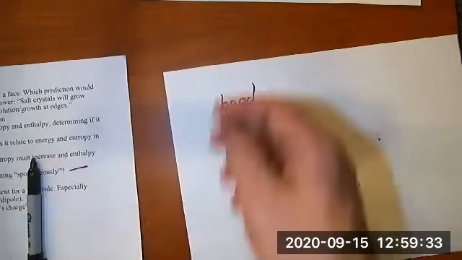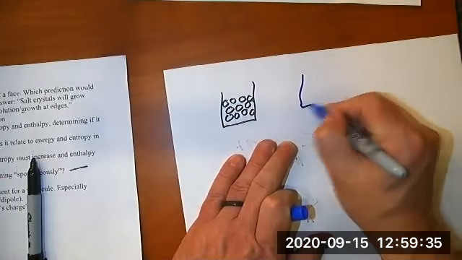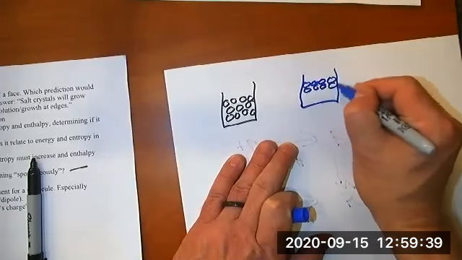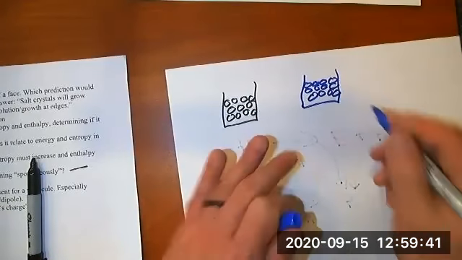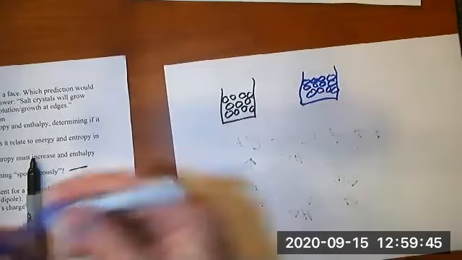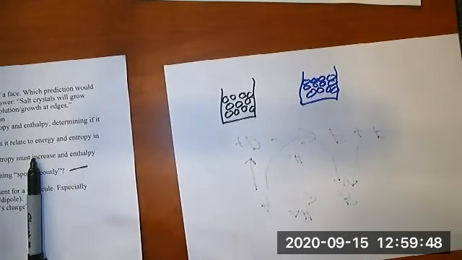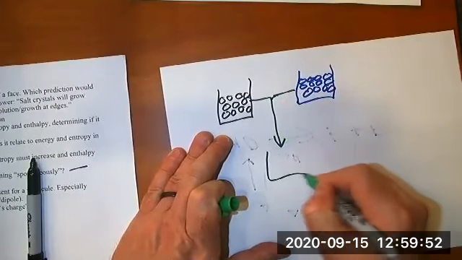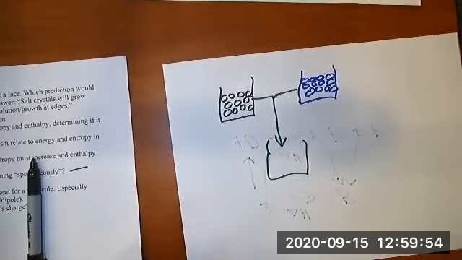So this could be a liquid. And we have sample 2, where we have all the molecules here. And we want to mix them. We'll do this, into a solution of the two.